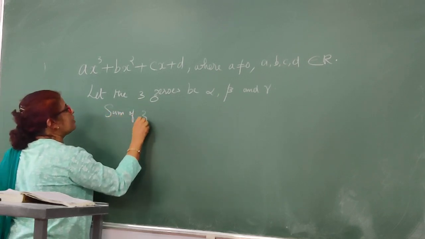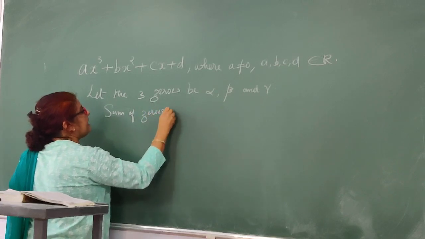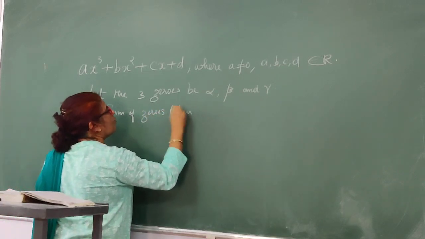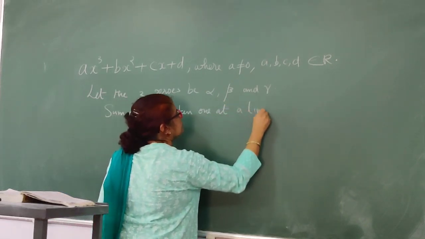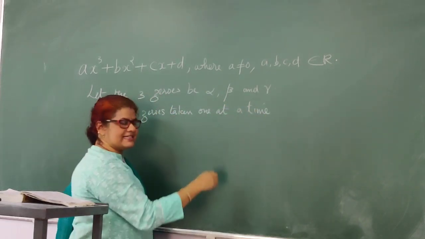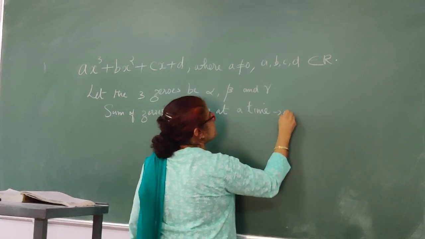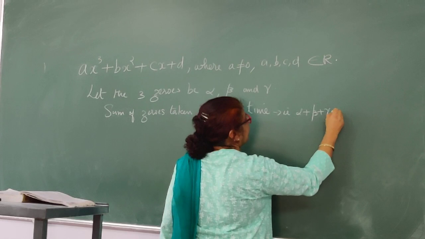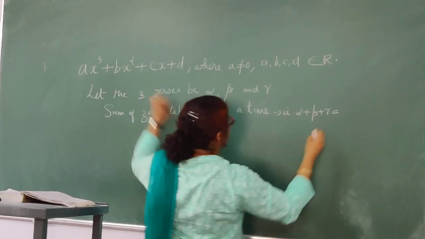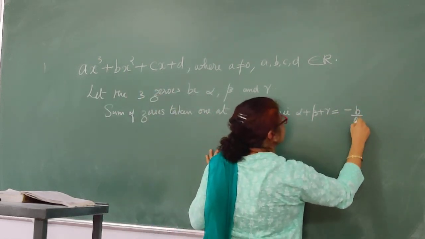The sum of zeros taken one at a time, that is alpha plus beta plus gamma, is equal to minus b by a.